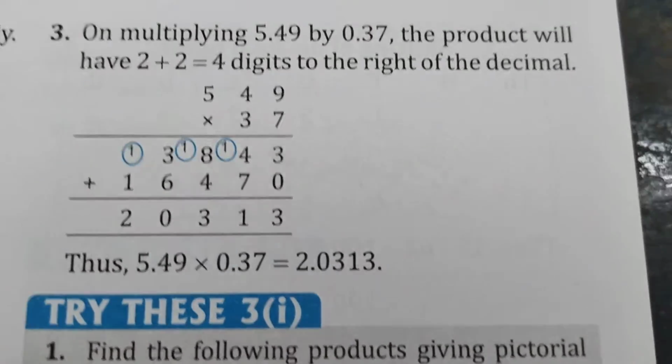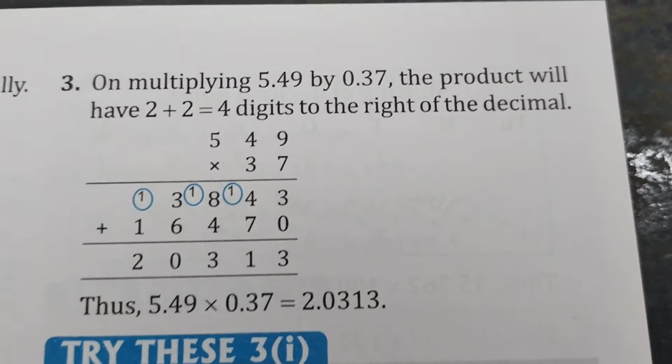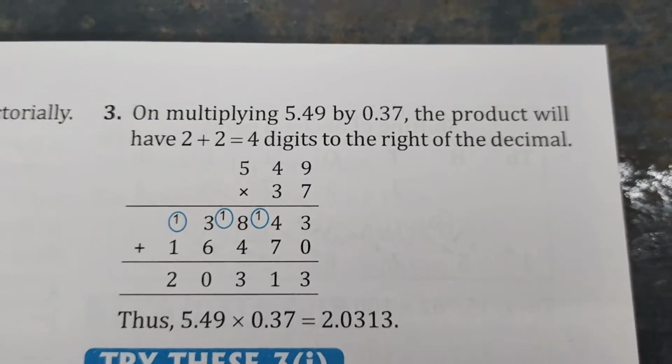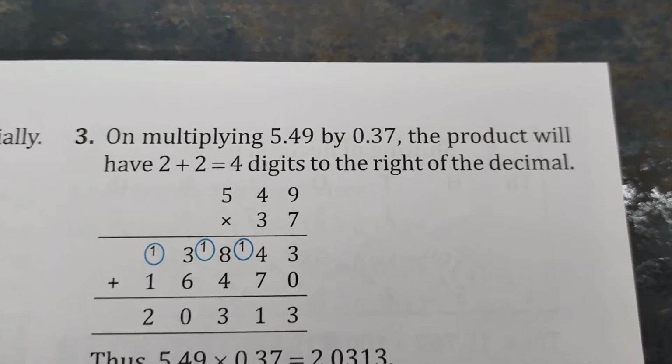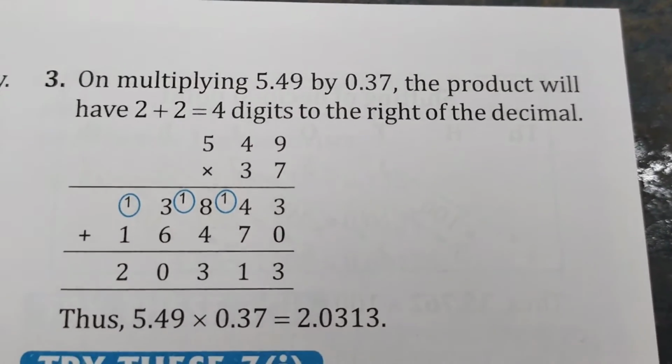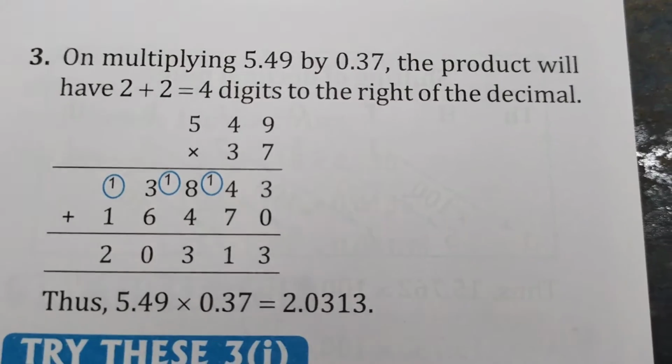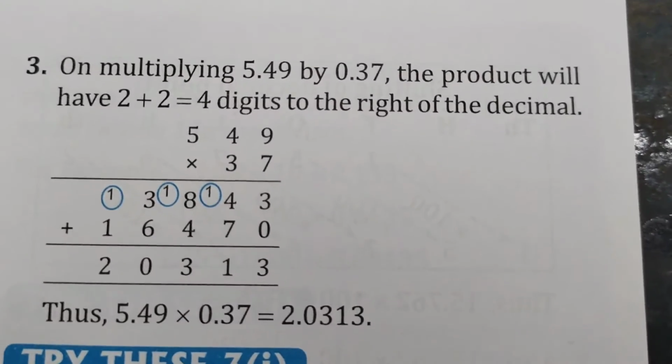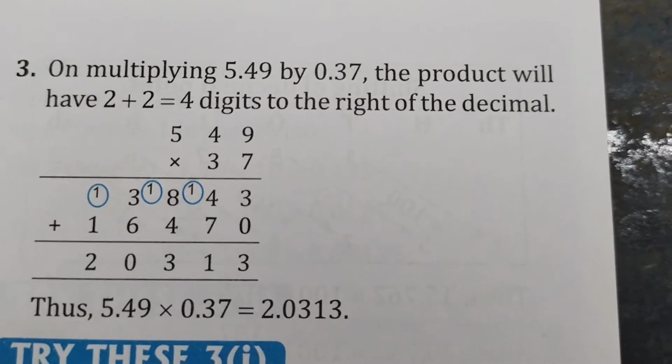Total 2 plus 2 is 4, and in the product we count from the right side and place the decimal point. That is 2.0313. So like this we find the product, we multiply the decimals.